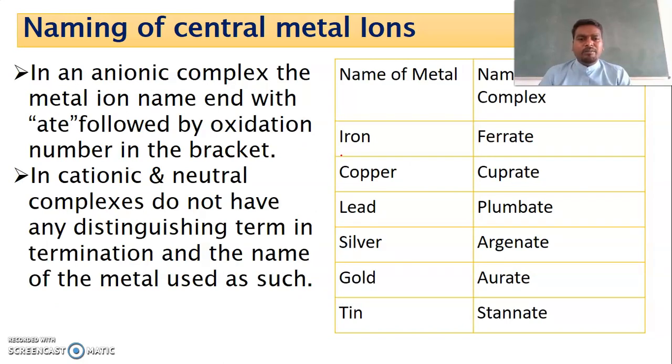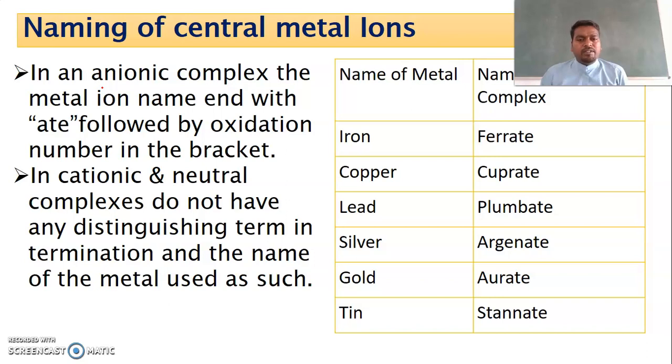While naming the central metal ion, we know that there are two types of complexes: anionic complexes and cationic complexes. In the case of cationic and neutral complexes, there are no distinguishing terminologies; we use the original name.